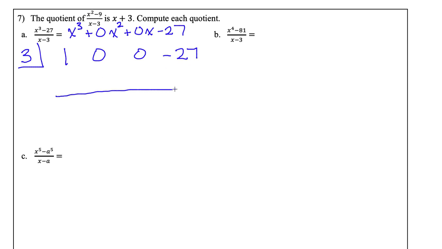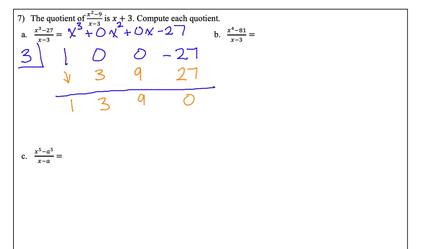Now let's actually carry out our synthetic division. The 1 comes straight down, that's 1. 1 times 3 is 3. 0 plus 3 is 3, then I multiply again. 3 times 3 is 9. 9 plus 0 is 9. 9 times 3 is 27. -27 plus 27 is 0.